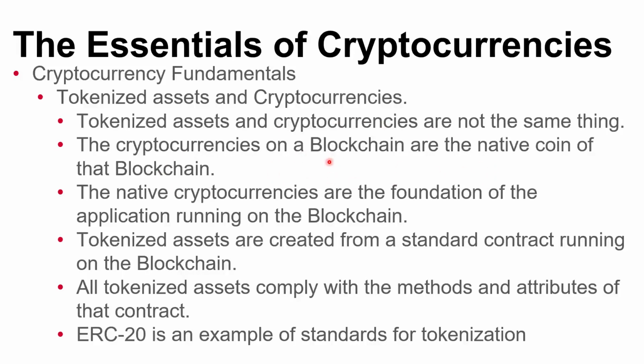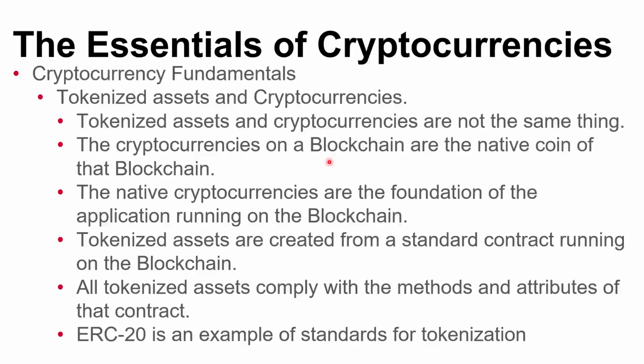Cryptocurrencies on a blockchain are the native token. Transacting in this native token on the blockchain is the most efficient type of money transaction for these blockchains. The native cryptocurrencies are the foundations of the applications that are running on the blockchains. So EOS and Ether are all driving the transactions on their networks.